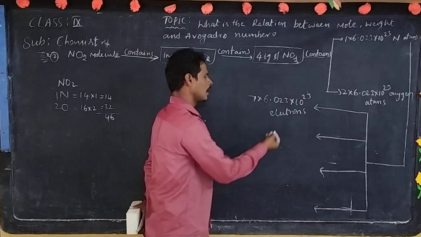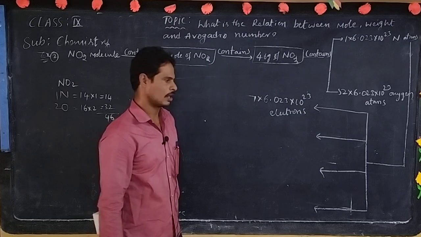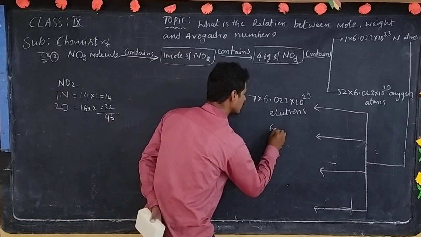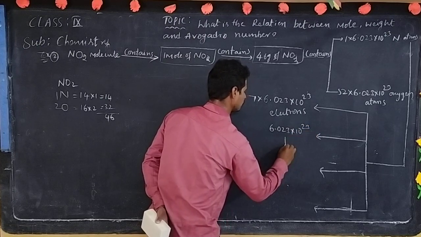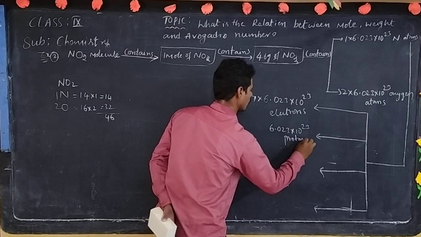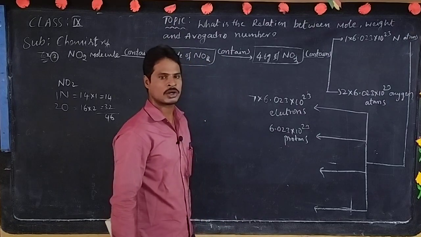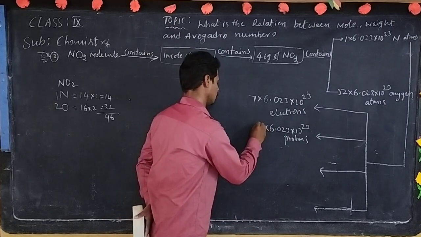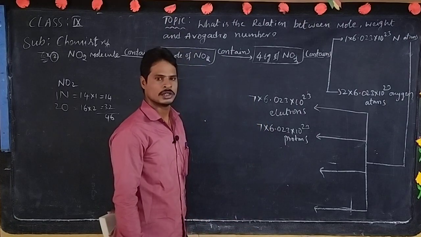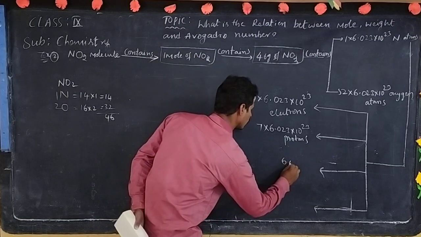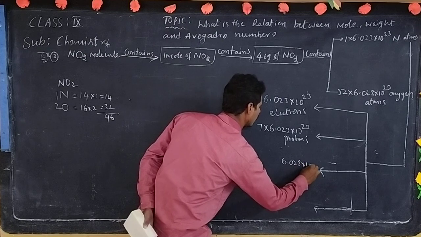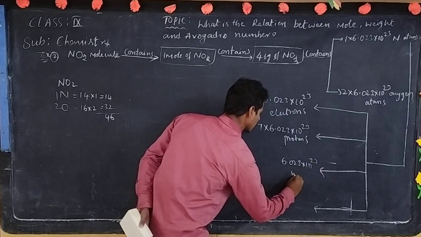Next, number of electrons equals number of protons. 1 proton contains 6.023 into 10 to the power 23. But nitrogen contains how many protons? 7 protons. Next, neutrons. 1 neutron contains 6.023 into 10 to the power 23 neutrons.